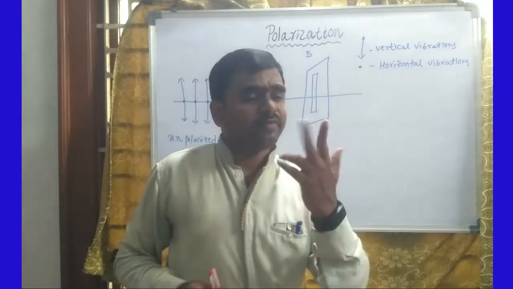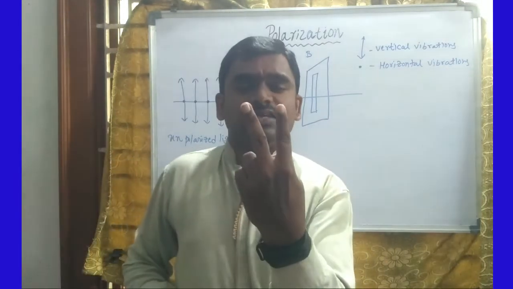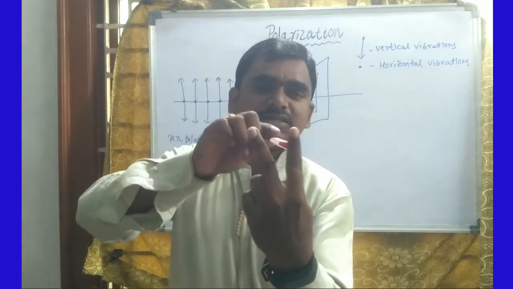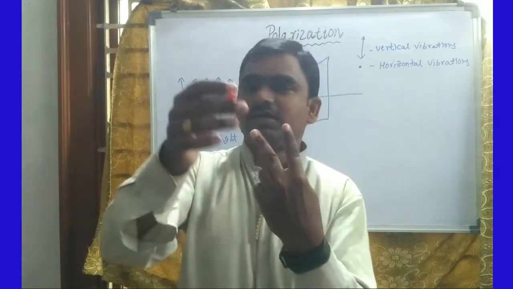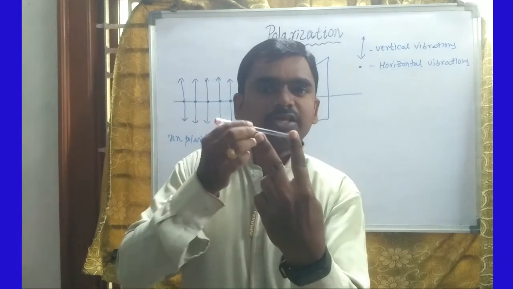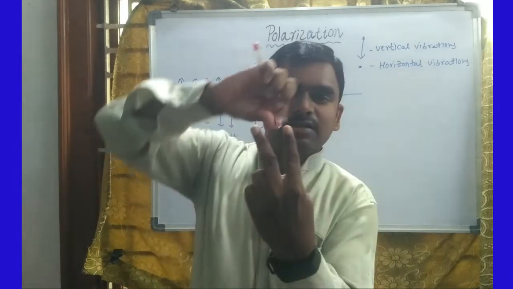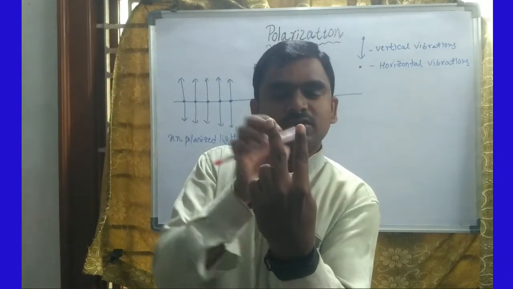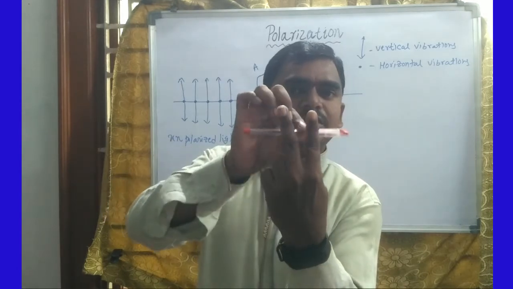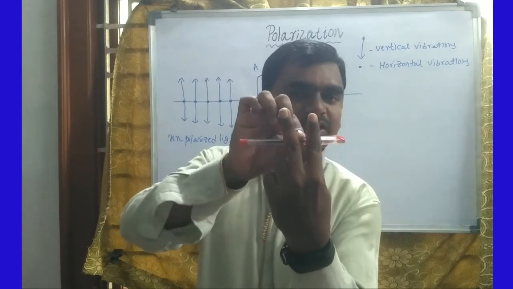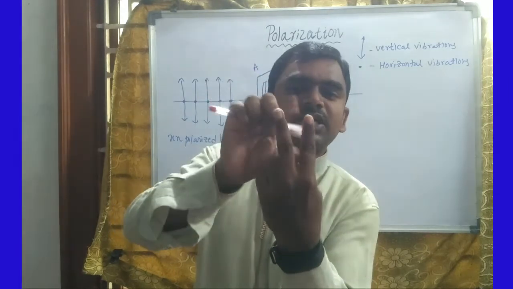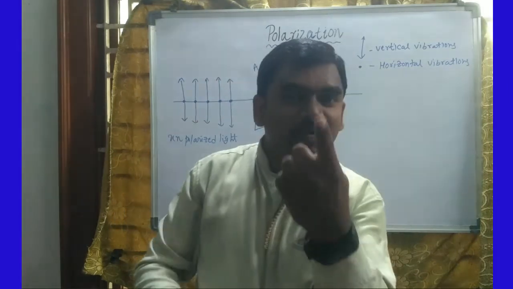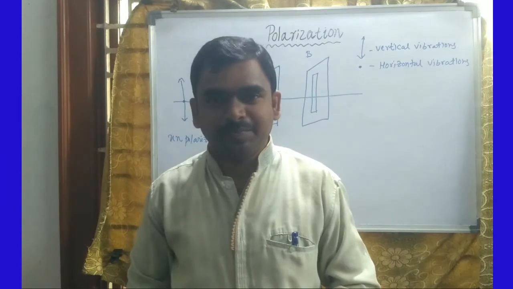For example, the slit is like this and light is passing like this, perpendicular to your board. The vibrations of the particles are in all directions. Suppose I am sending this type of vibration, will it be allowed? No. Only the vibrations parallel to that slit are allowed.